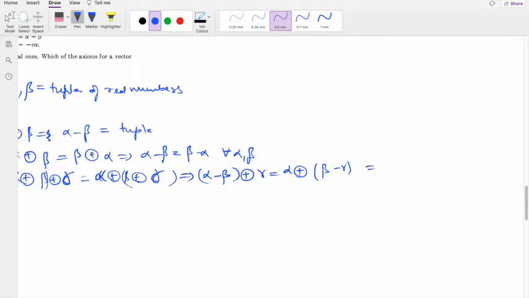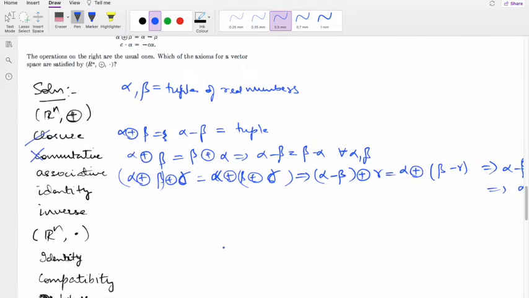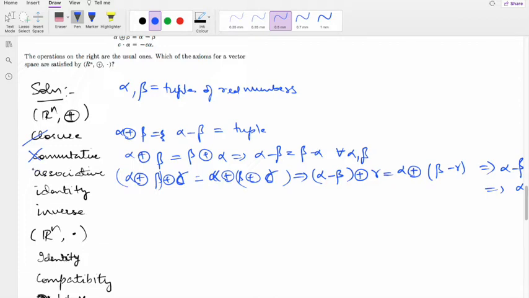So these are two vectors: this is one vector, this is the second vector. So alpha minus beta minus gamma should be equal to alpha minus (beta minus gamma), which means alpha minus beta minus gamma should be equal to alpha minus beta plus gamma, which is not always true for all alpha, beta, gamma. So hence even the associative property is not satisfied.